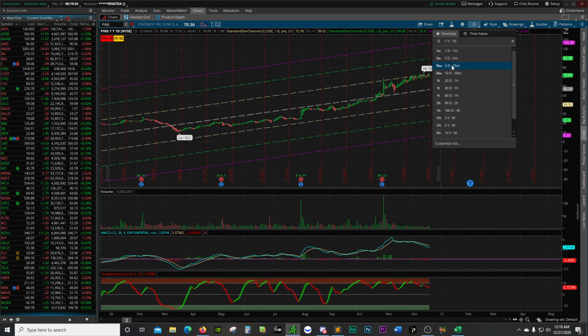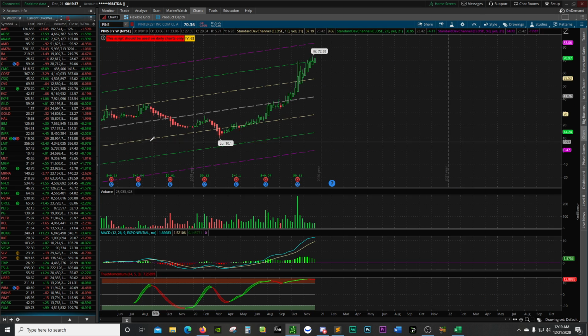Let me see if I can find it. Pins started out at 22, jumped to 36, and then fell down at its lowest to 22 again. So it opens at a price, rips, and then falls back to its opening price. A lot of new stocks do that.